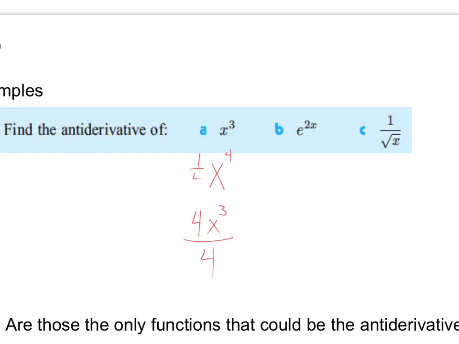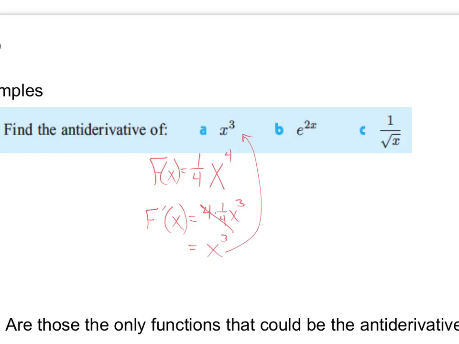So 1/4 x to the 4th would be my antiderivative. If I took the derivative of that, again, I'd have 4 times 1/4 x to the 3rd, which is x to the 3rd, which is what we were trying to have.